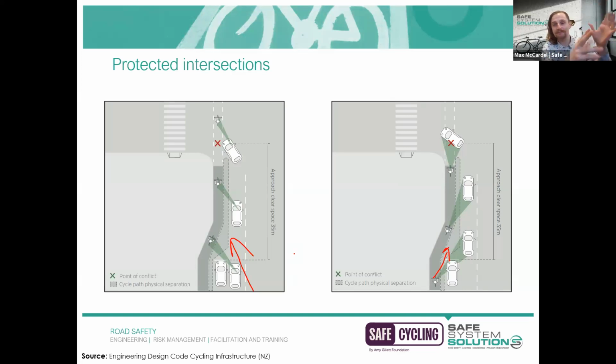I think that adds some conflict points. But then again, there may have been a reason for that specific configuration that I'm not aware of. So I would tend to just see them as whatever your configuration is leading up to that intersection, keep that consistent through the intersection and on the exit.